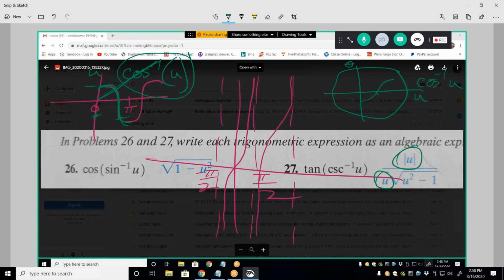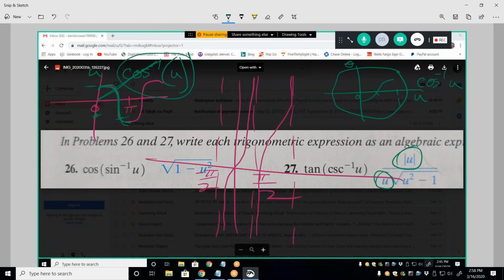But on my drawing, it looks like it's 0 to something. I'm not picking up something here. But I think it should be okay.